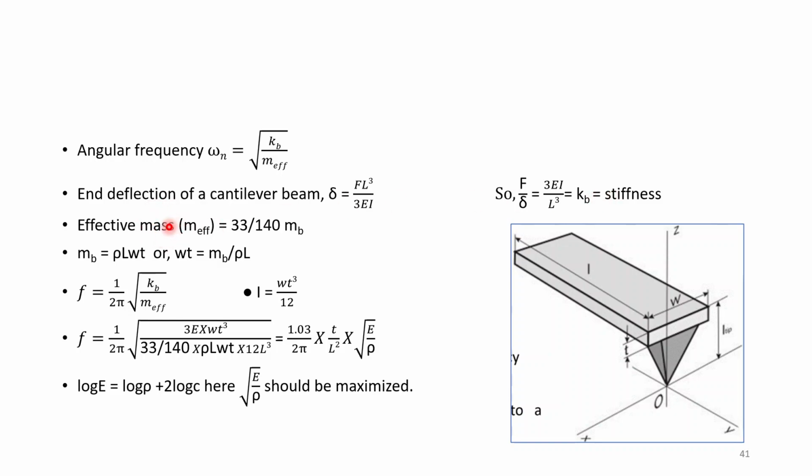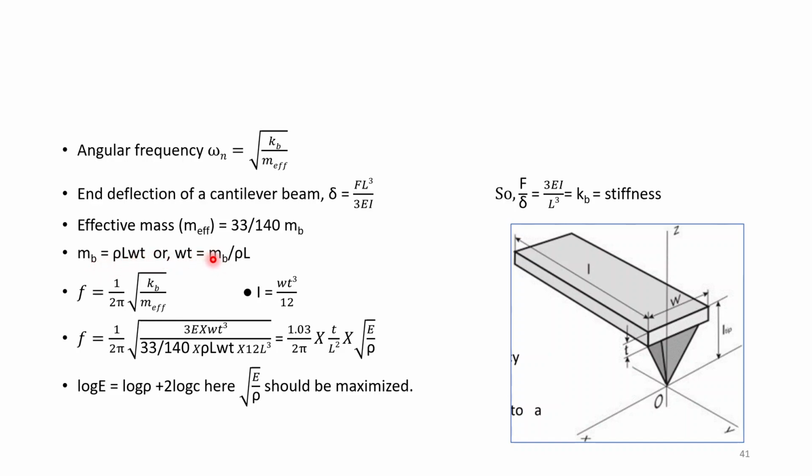Effective mass is where you count the entire mass of this tip and combine it with this beam. So it is 33 upon 140 times the MB. MB is mass of beam. So MB will be equal to rho L WT.